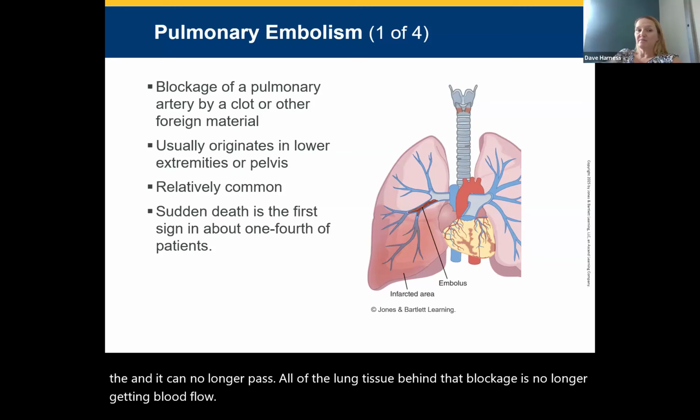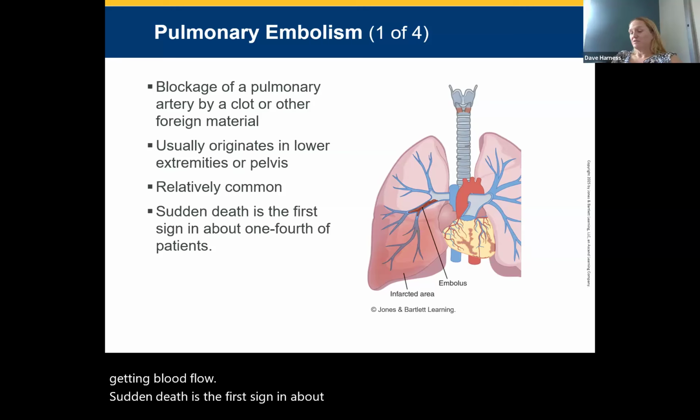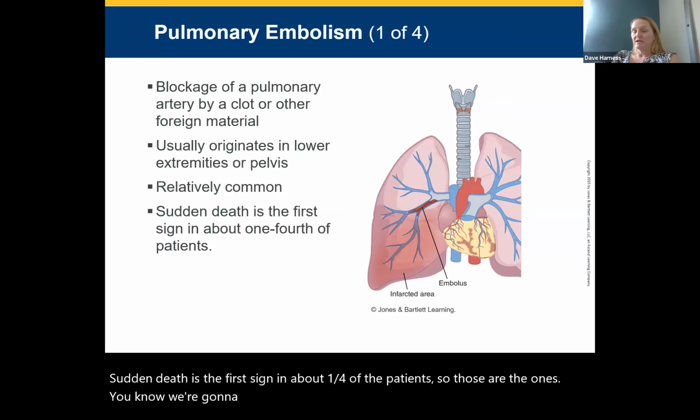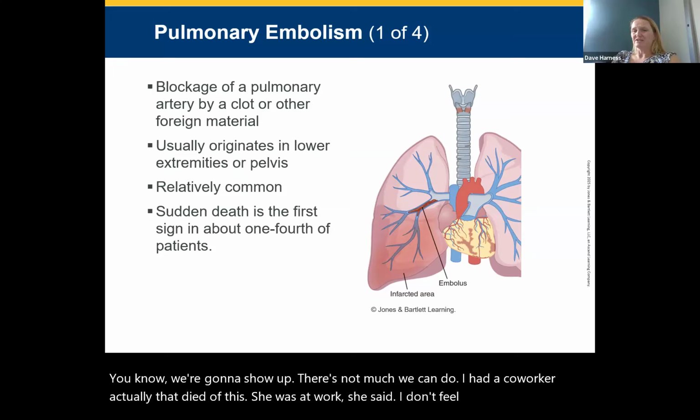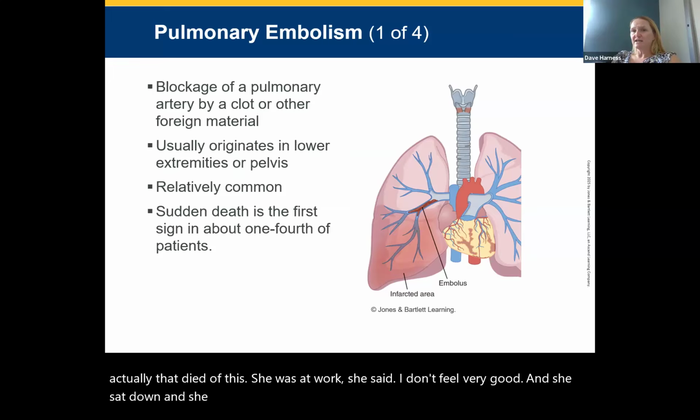Sudden death is the first sign in about a quarter of the patients. So those are the ones that we're not going to see show up. There's not much we can do. I had a coworker actually that died of this. She was at work. She said, I don't feel very good. And she sat down and she slumped over. She was working in the ICU in the hospital.